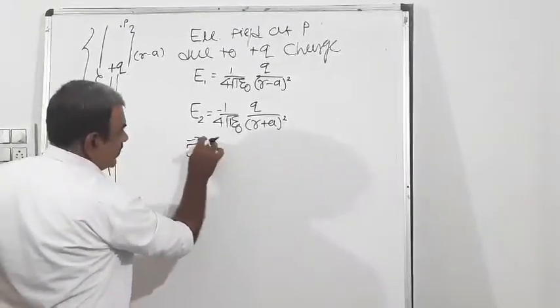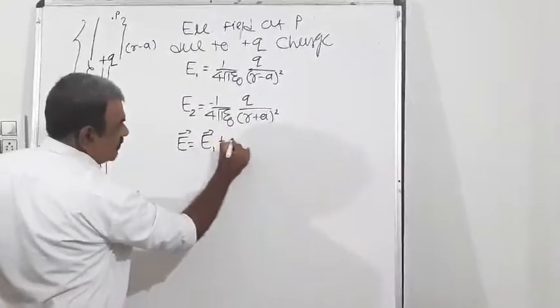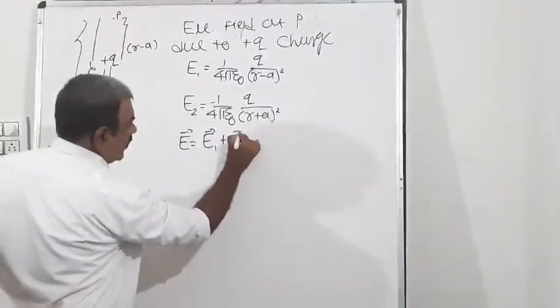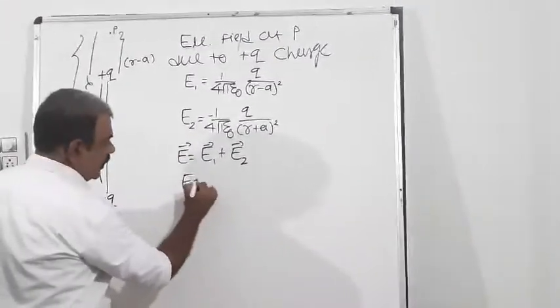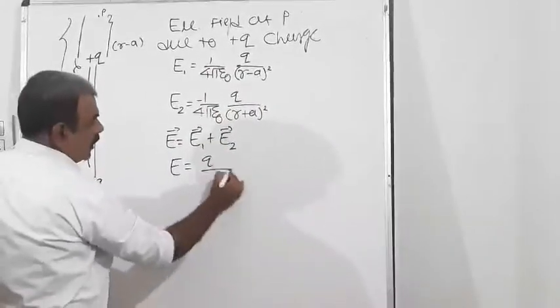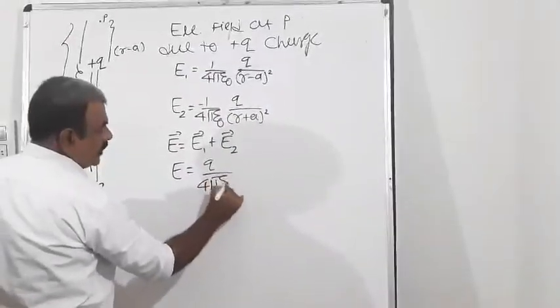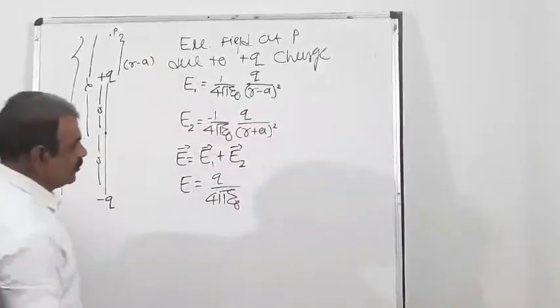So net electrical field E, if I put vector sign, will be the vector sum of field due to positive charge as well as due to negative charge. And its magnitude E, now in both Q over 4 pi epsilon 0 term is common, E1 as well as E2.